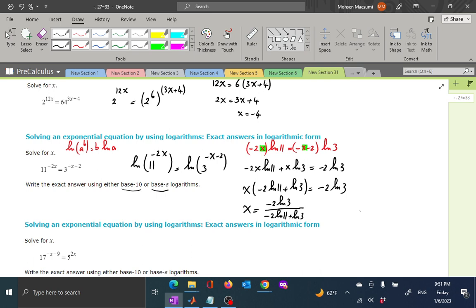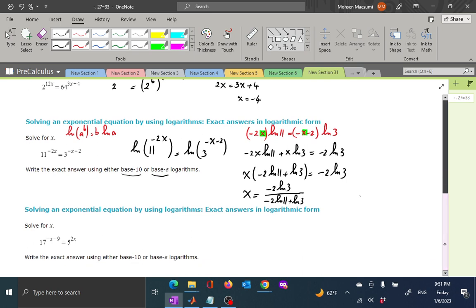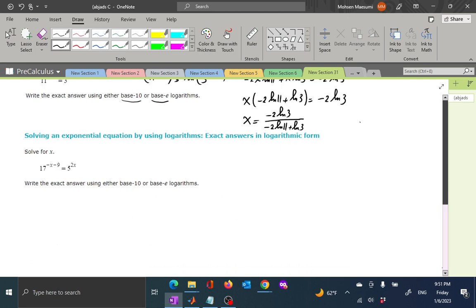This is the final answer. You can modify it slightly if you want to, write it in the other form, like taking the coefficients inside and rewriting it, but that's optional. Not much is going to be gained, nor is it going to become all that nicer. Just as an indication of what is meant by that, the numerator is logarithm of 3 to the power of minus 2.